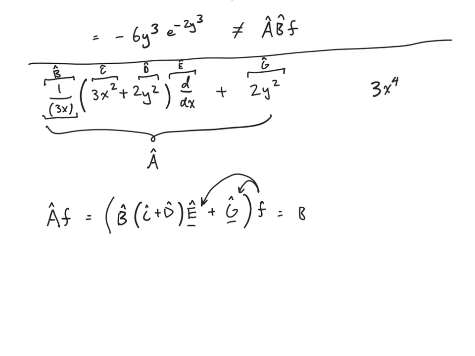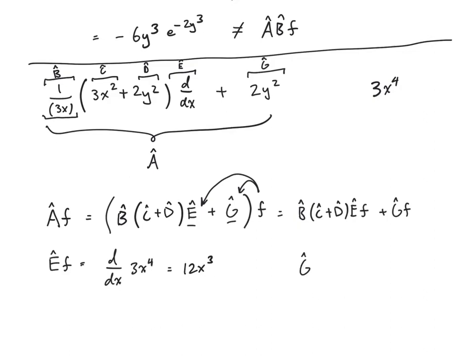So then this becomes B hat, C hat plus D hat acting on E hat, acting on the function, plus G hat acting on the function. Okay, let's do E hat acting on the function. That's just the derivative with respect to x of 3x to the fourth, which is just 12x to the third, like that.